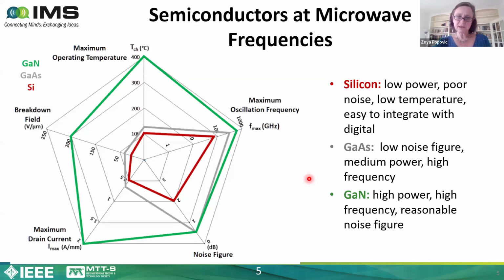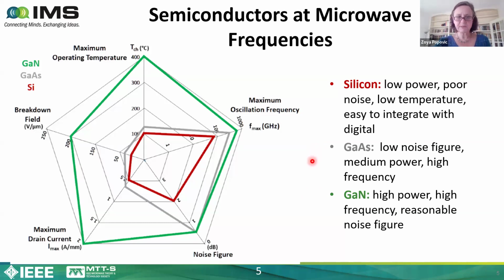Gallium arsenide and gallium nitride are so-called compound semiconductors. They're also called III-V because of where they sit in the periodic table of elements. And they have some advantages in terms of performance. Gallium arsenide can operate at high frequencies. Actually, both can, and it's low noise.